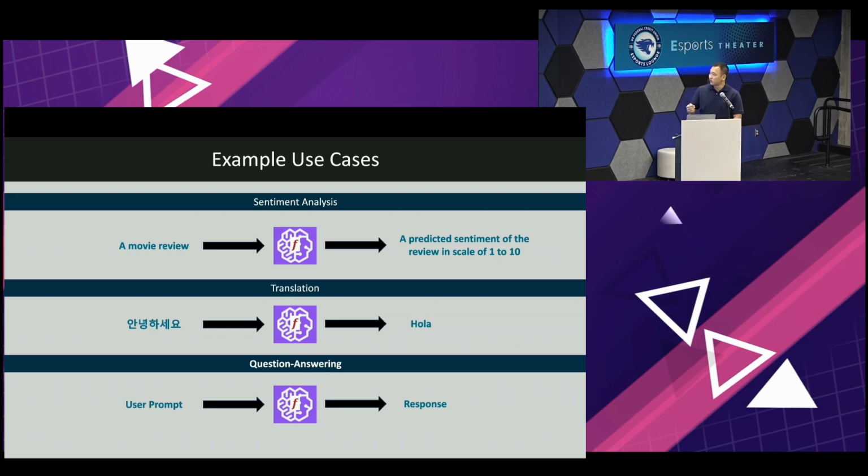The second use case is translation. You give one language, then it spits out the translation in another language. The last one is the most common use case: question answering. You give the prompt, which is your question to the model, and then it gives you the response. Good? Any questions?